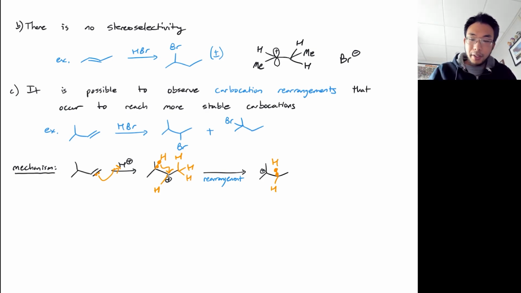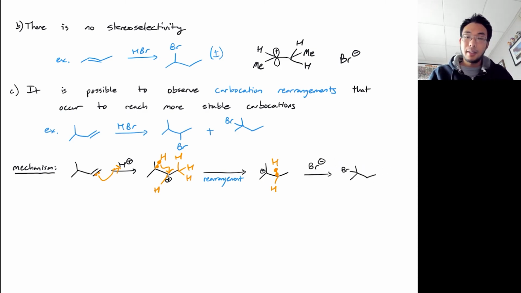This rearrangement occurs because the tertiary carbocation is much more stable than a secondary carbocation. We'll get to the reason for that in a second. But once you have that species, the nucleophilic addition of the bromide to the carbocation takes place to get you to product. If you're thinking about why you still see both of these, once you form this intermediate, there are two different things that can happen.